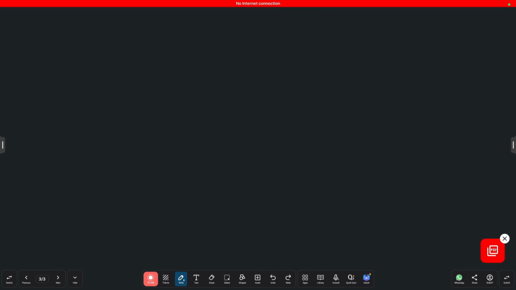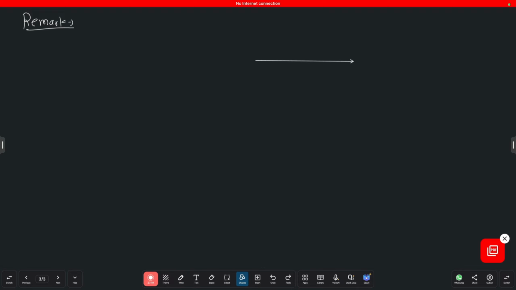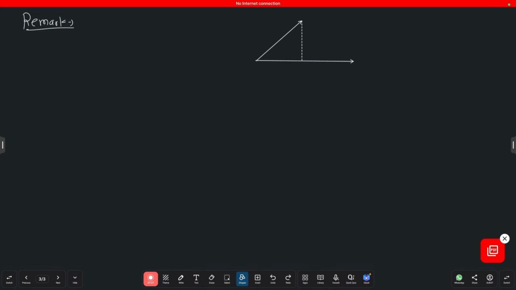Next point, you can write this as a remark. Scalar projection means this. Here again I will show the figure. This is A vector and this is B vector.